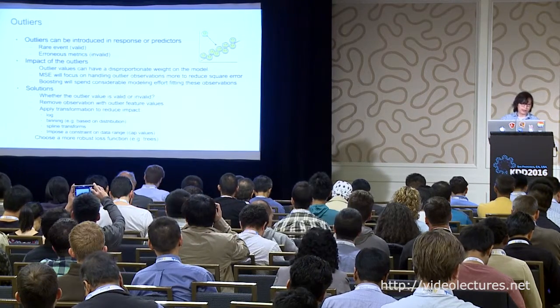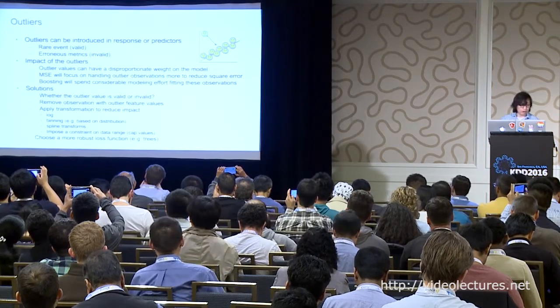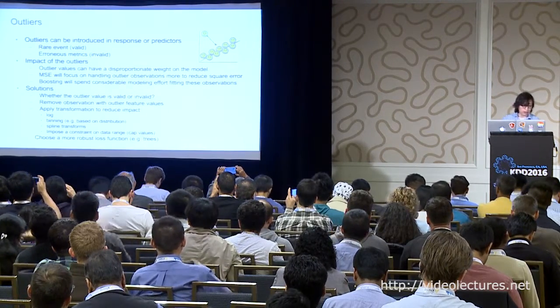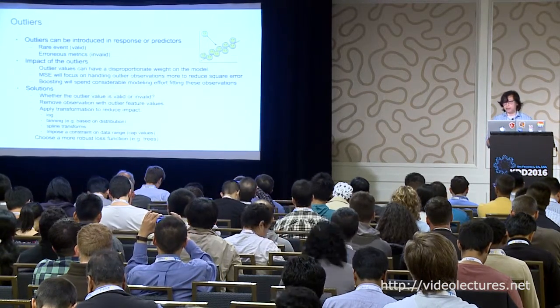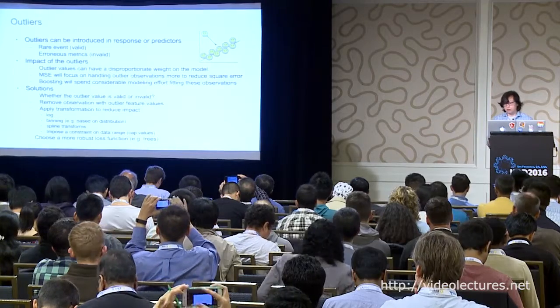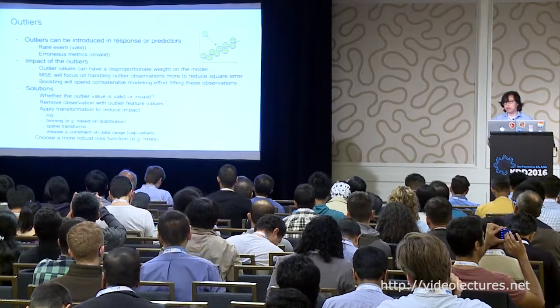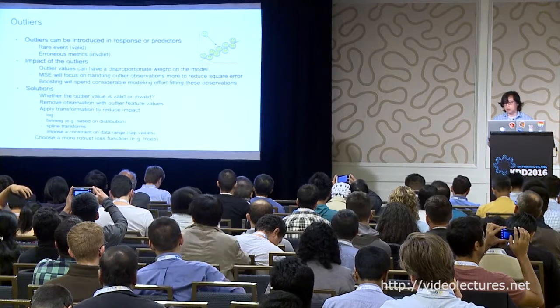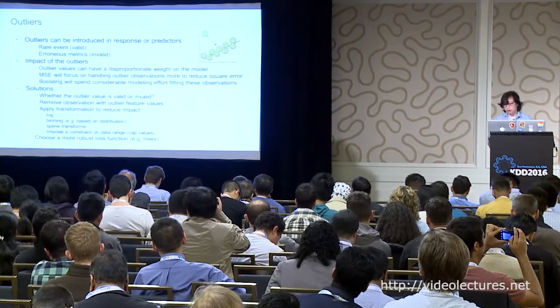The last challenge I want to cover here is outliers. There are two types of outliers. One is the benign or normal outlier, which represents a real event. For example, in the fraud detection problem, fraud is obviously an outlier, but it's a valid outlier.